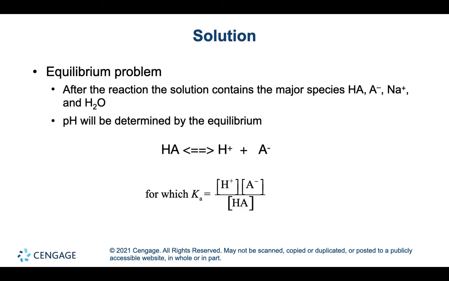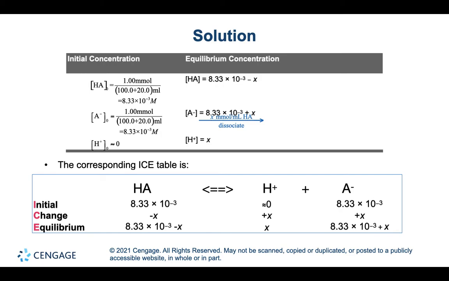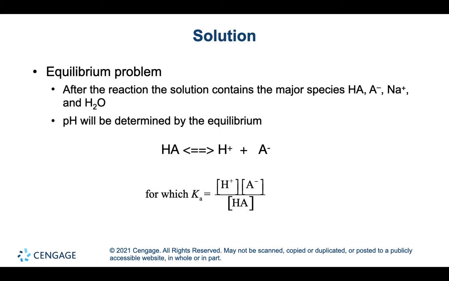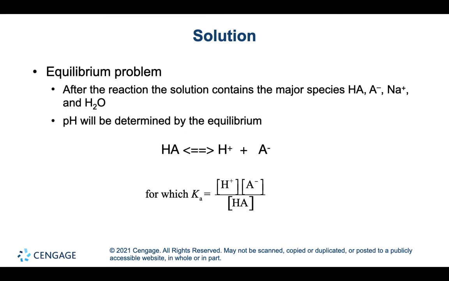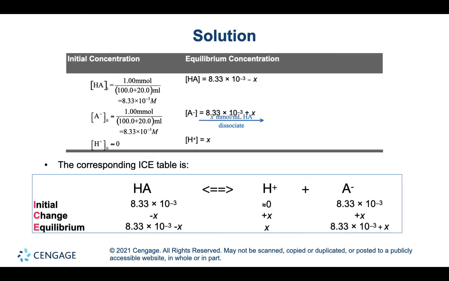So because of the Henderson-Hasselbalch equation, your pH is going to be, what's this? Yeah, they've done a lot more work there than they need to. They've done the whole ICE table with the molarities and converted the 20 and the 100 to liters and all that.